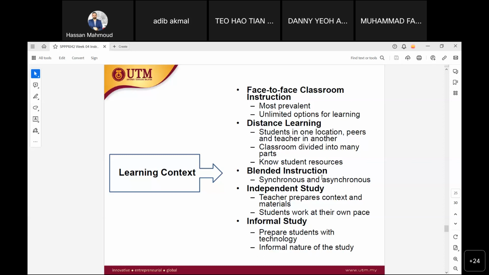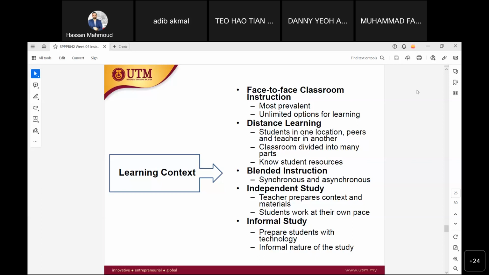So we have different types of learning context: face-to-face classroom, and distance learning, with the students in one location and the teacher in a different location. A very good example of distance learning is what we are doing right now. This is distance learning because we are not in the same physical location. We are in different locations, but yet we are synchronous together.